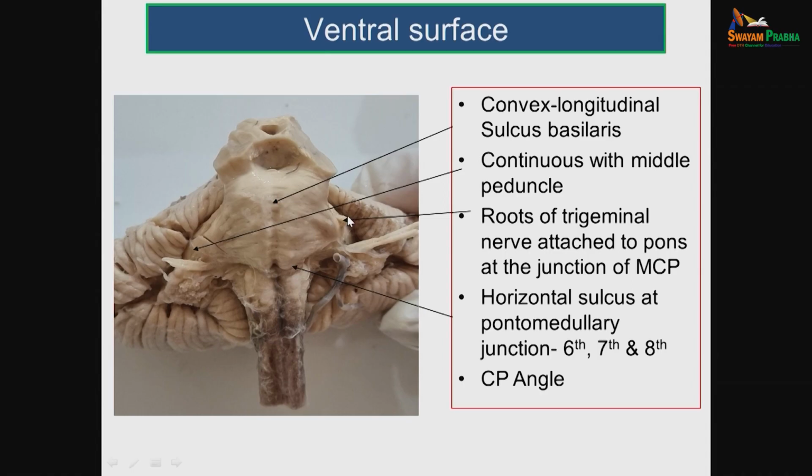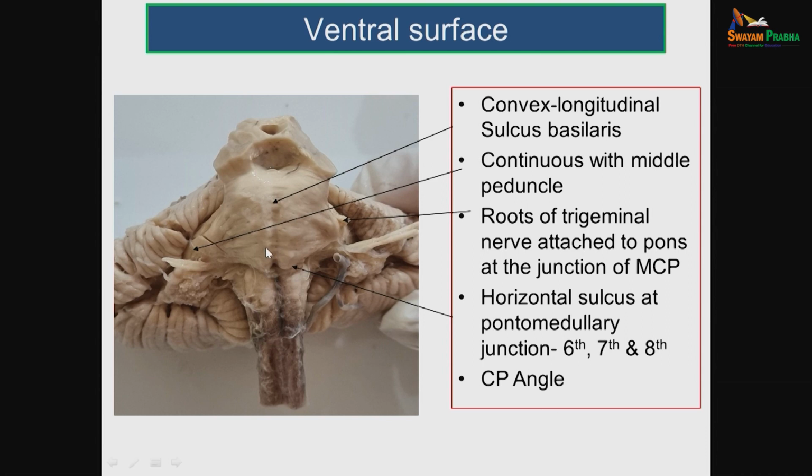At the junction between the pons and the middle cerebellar peduncle, the root of the trigeminal nerve is attached. There is also the inferior border, or the horizontal sulcus, that is the pontomedullary junction.